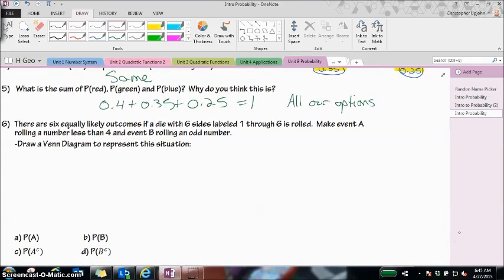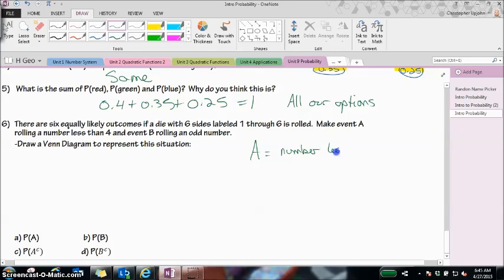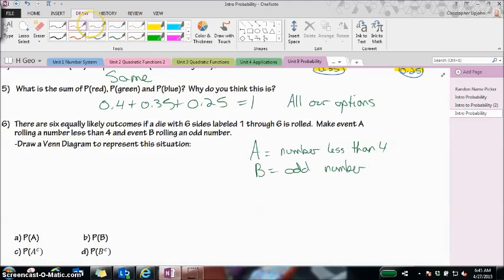There are 6 equally likely outcomes if a die with sides labeled 1 through 6 is rolled. Make A getting a number less than 4. B is an odd number. So before we draw our Venn diagram, what numbers are less than 4? 1, 2, and 3.